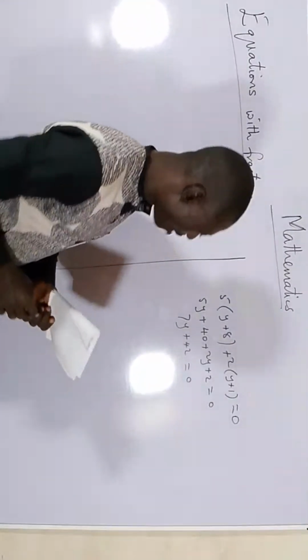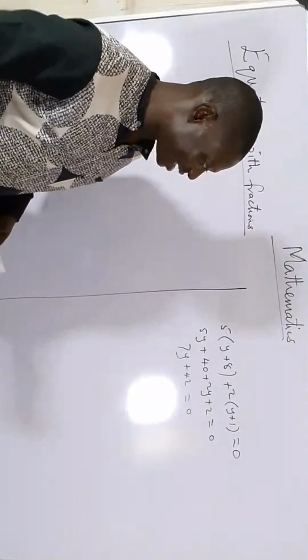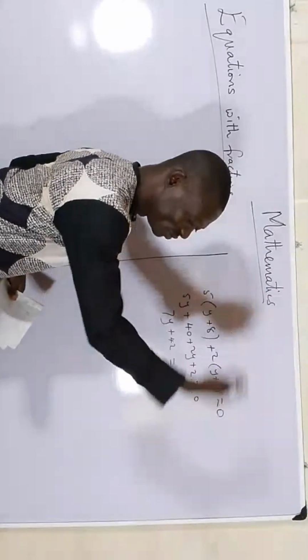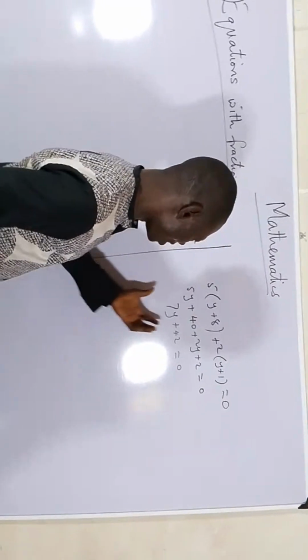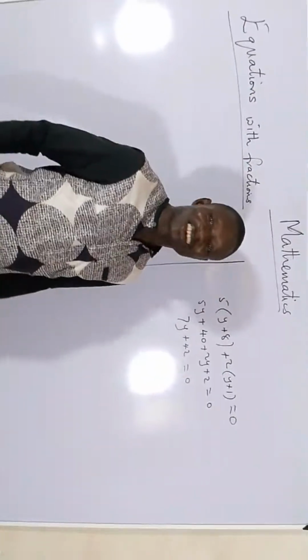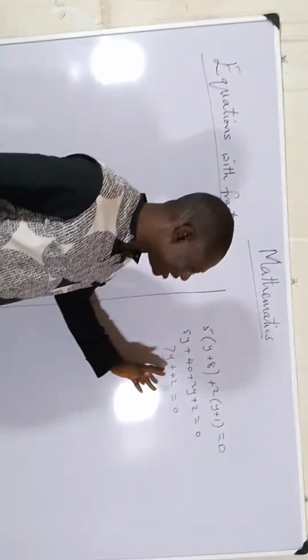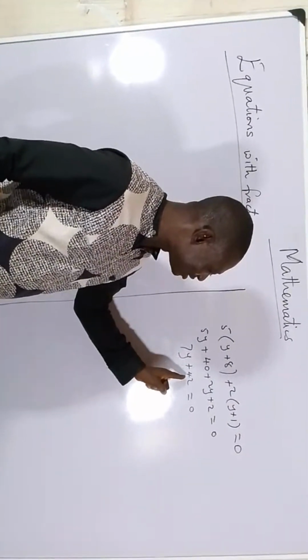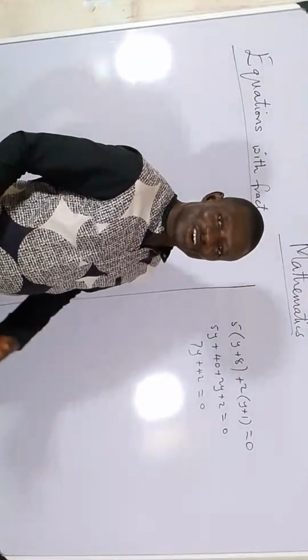So we can now collect like terms, making sure that one of the numbers moves to the other side. Because 0 does not have y, let us bring this number to the other side.